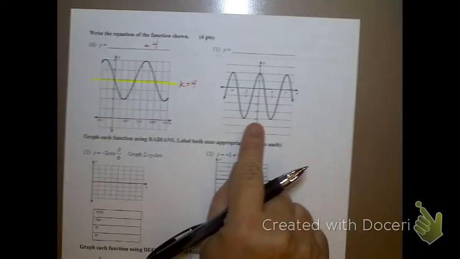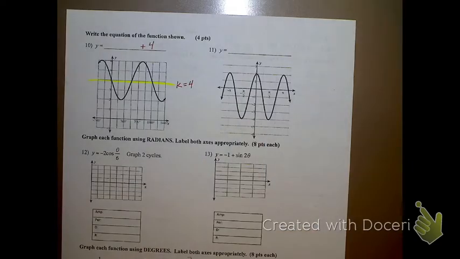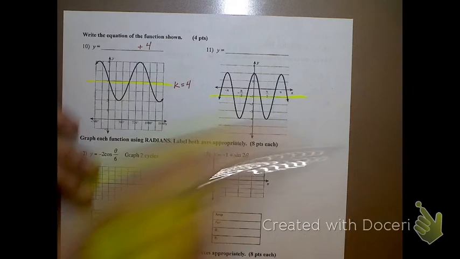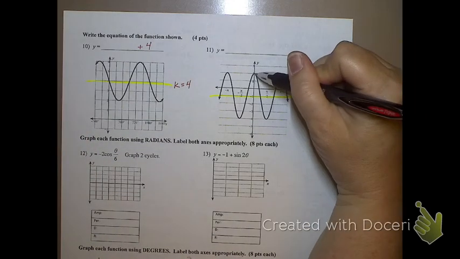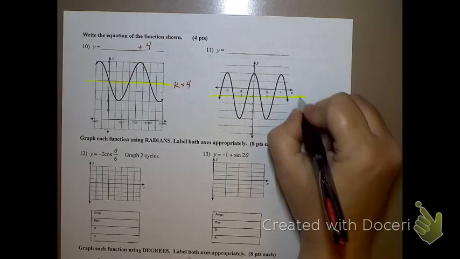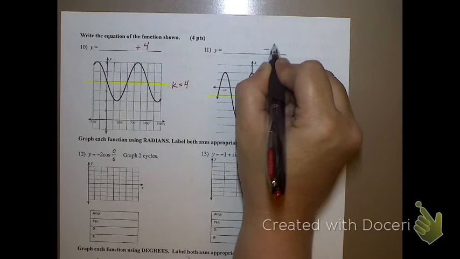What about this guy? Where's my midline here? Negative 1. Again, your midline is the halfway point between the maximum and the minimum. So if my midline or my k value is negative 1, then my equation is going to have a minus 1 at the end.